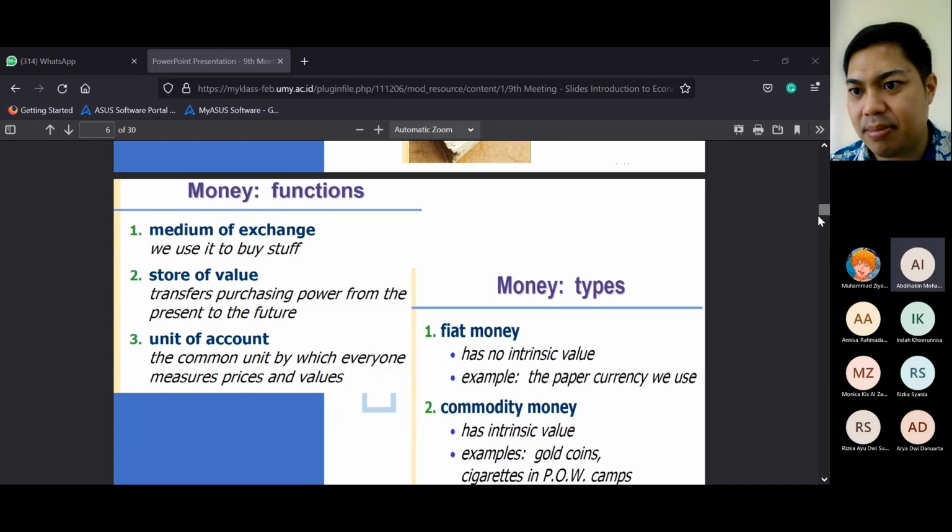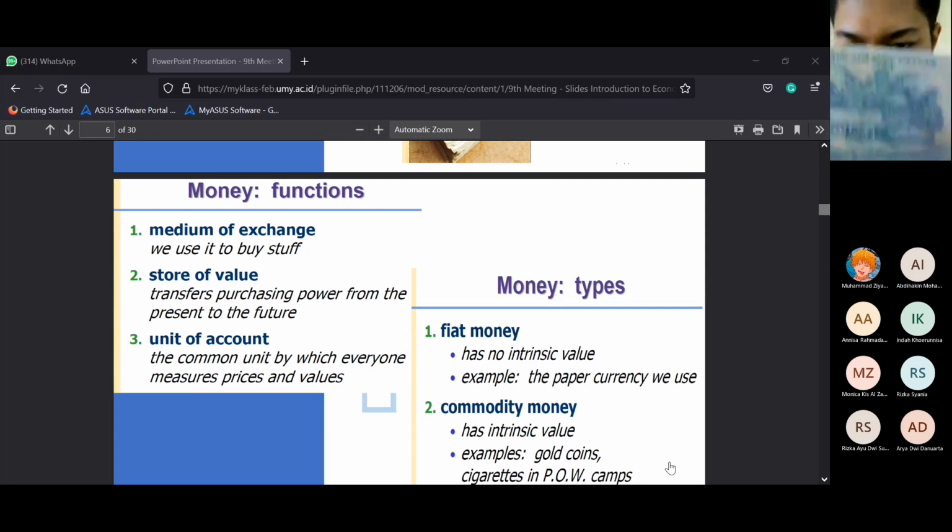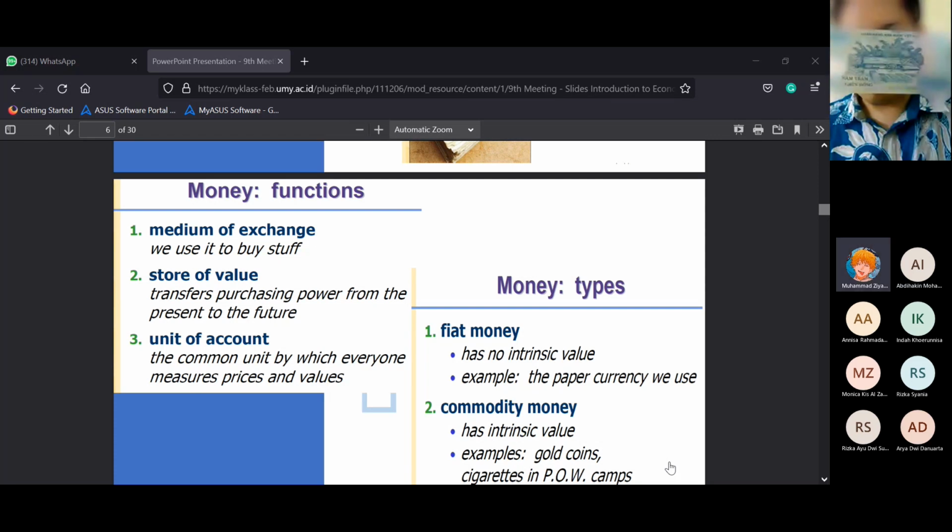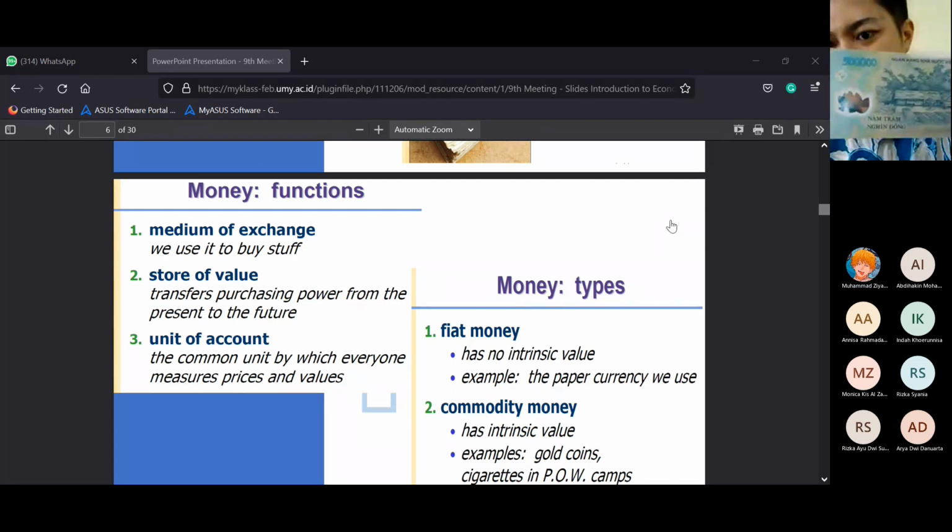Or maybe stop the screen share. Okay, now. Why blur?